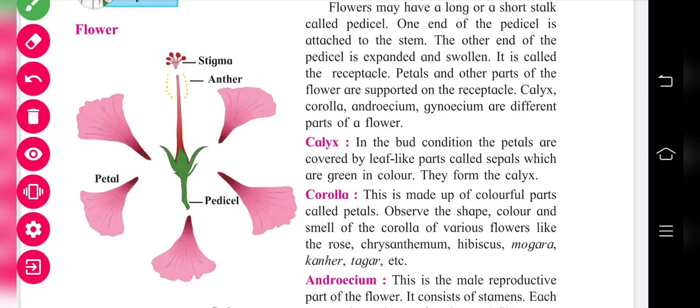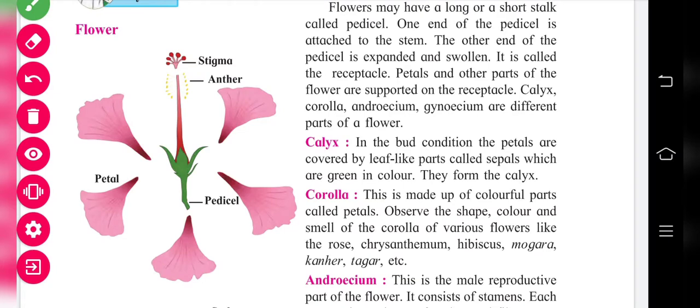First one is the calyx. In the bud condition, the petals are covered by leaf-like parts called sepals, which are green in color. They form the calyx.